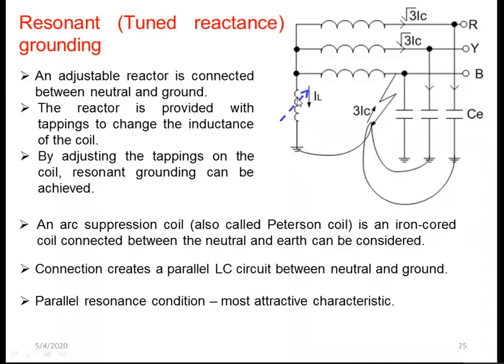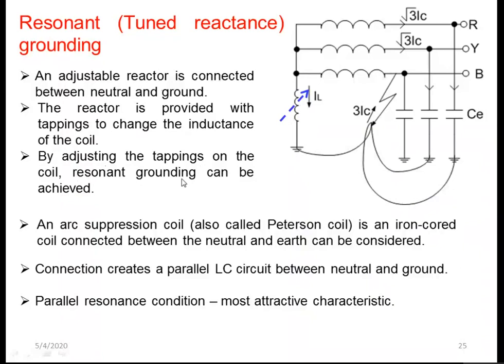In fact, because we want the reactor to be adjustable, this reactor can have tappings so that we can change the inductance of the coil. So by adjusting the tappings of the coil, we can achieve a condition that is referred to as resonant grounding.